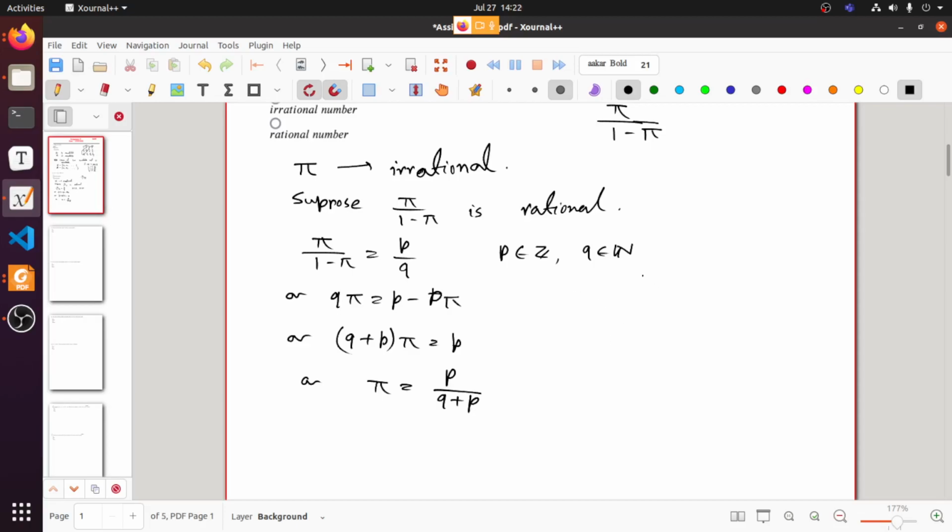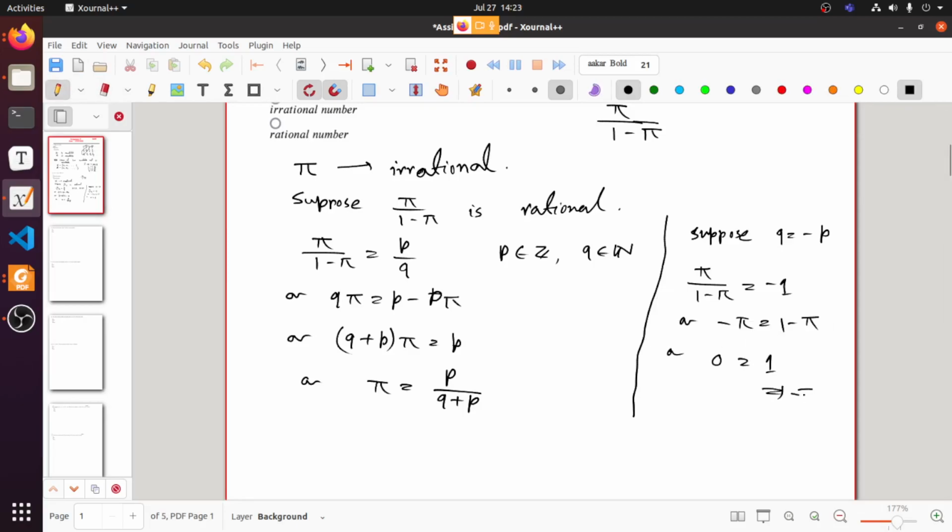Suppose q equals minus p, then what happens? Then pi by 1 minus pi would be minus 1. This means minus pi equals 1 minus pi, which implies 0 equals 1.